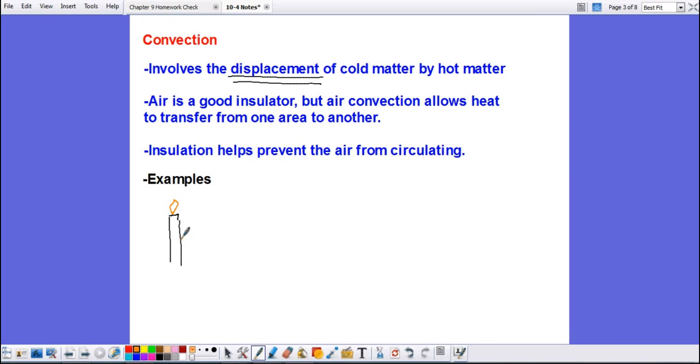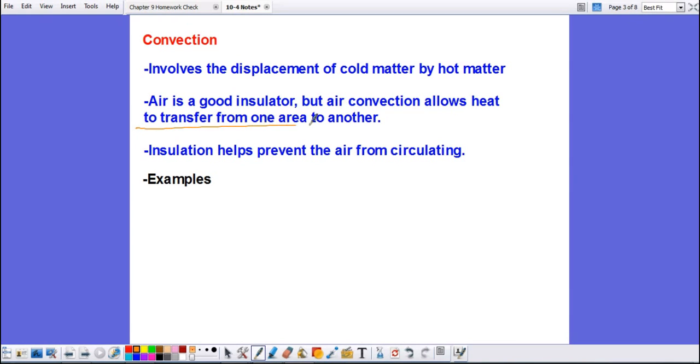What's going to happen here is the air that's right above this is going to heat up, and then that air is going to rise up. And then as it gets further away, it's going to start to cool down because there's other cool air around it, and then it will fall back down. As this air rises up, other air replaces it, and you get some circulation going there. So that's an example of convection.